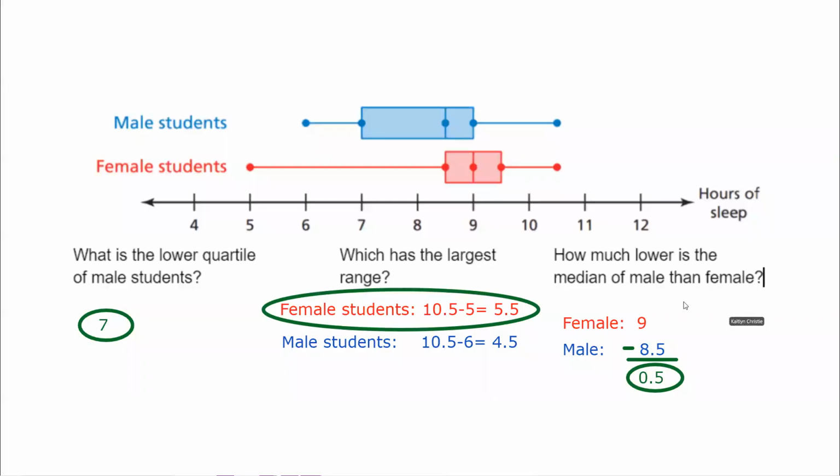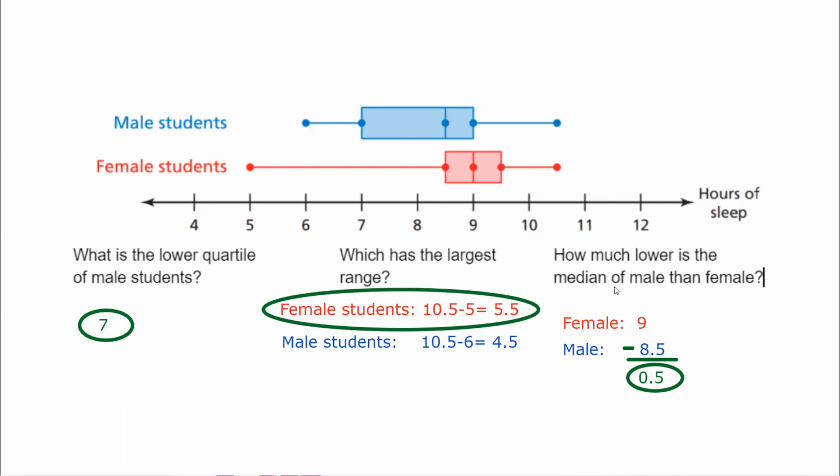And here are your three answers. The lower quartile of male students, we're looking right here, and that is 7. We're looking at which has the largest range. We figured out the range of female students and the range of male students. The range of female is 5.5 compared to 4.5 for males, so females have this one.